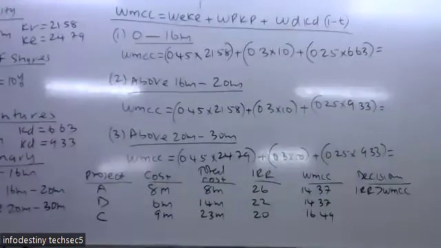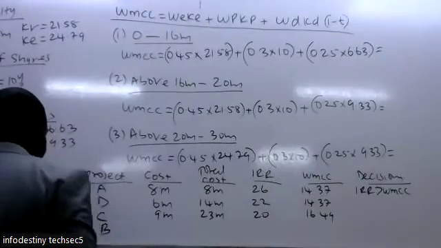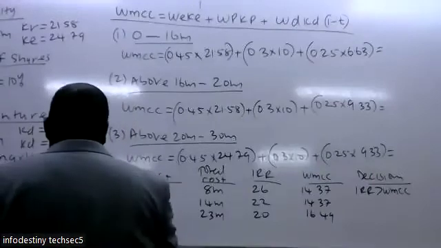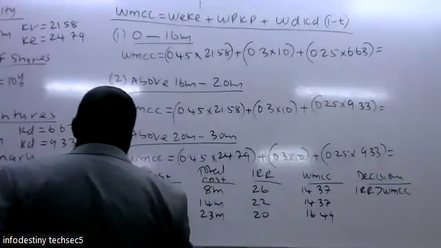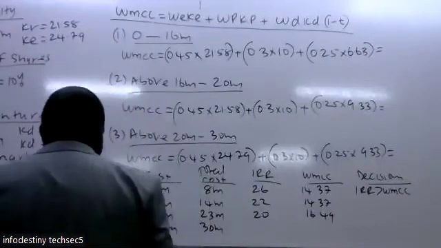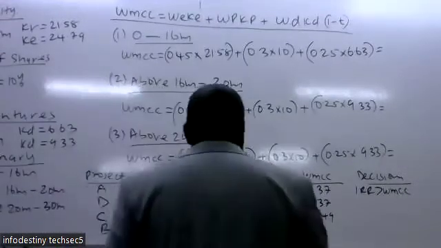The next one is which project? So B, it is 7 million. So cumulative went to that. So that IRR is 16.